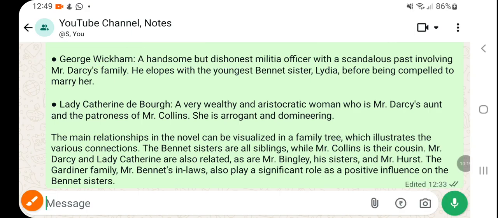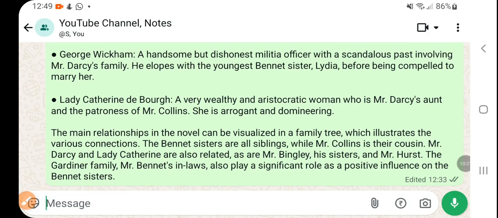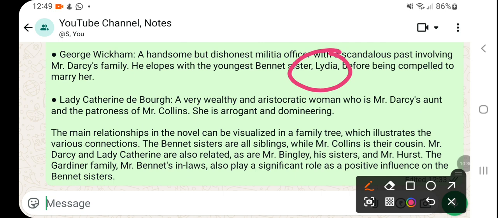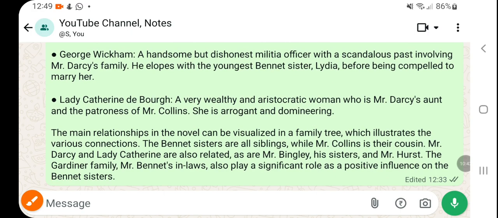He elopes with the youngest Bennet daughter, Lydia, before being compelled to marry her. And then what happened? Finally they get married.